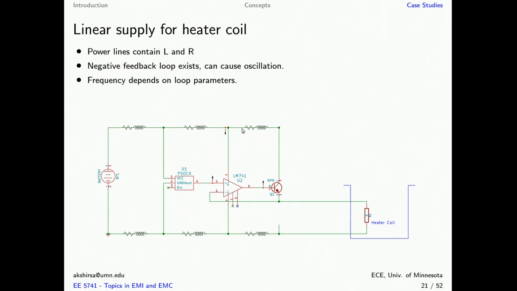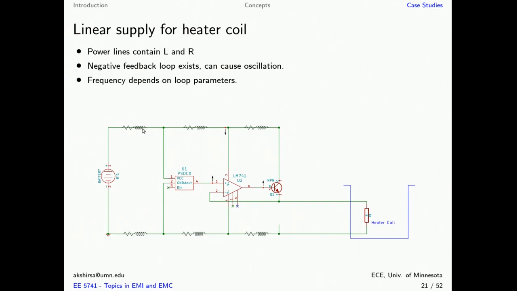As a result, the voltage at this node is going to drop. That is because the voltage at this node is equal to the voltage here minus the drop across all these parasitic impedances.